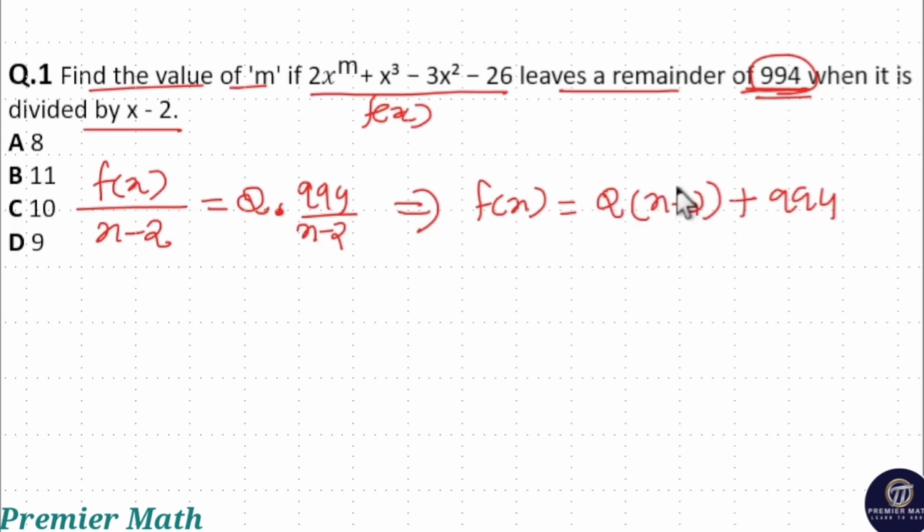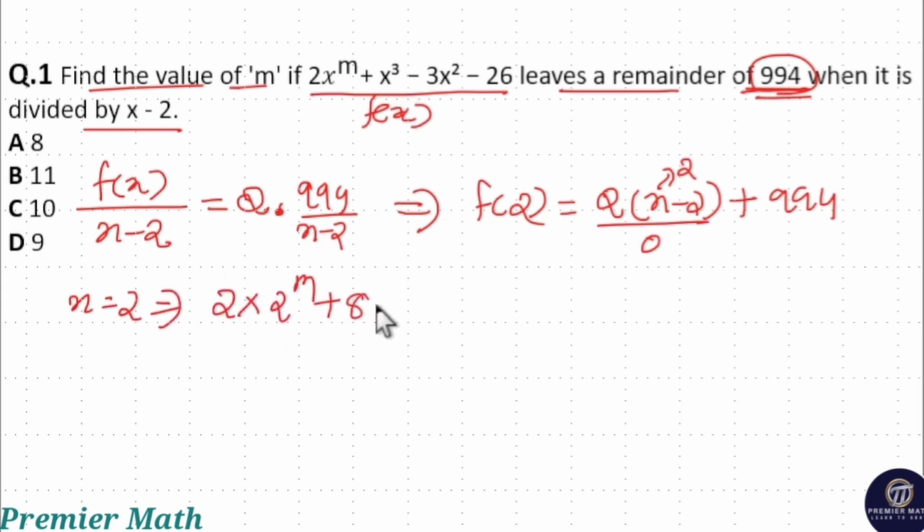So, when I put the value of x as 2 here, this will become f of 2. So, f of 2 will become 994 because 2 minus 2 is equal to 0. So, this whole term will become 0. So, f of 2 is equal to 994, which means put the value of x as 2 in this equation. That is 2 into 2 raised to m plus 2 cube, which is 8, minus 3 into x square, 2 square is 4, so 3 into 4 is 12, minus 26, which is equal to 994.